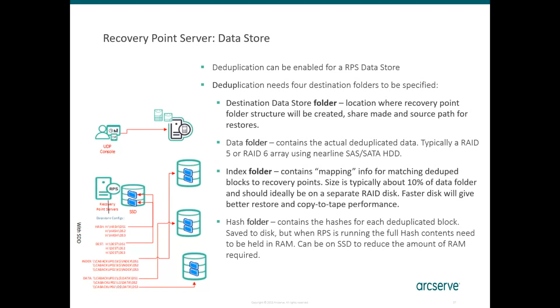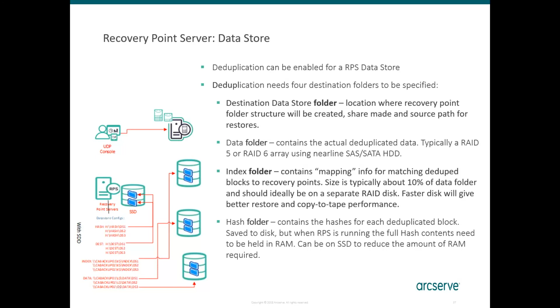So this data store, with all these locations, we can build. When we enable dedupe, remember we need 4 locations. The destination data store is where we're going to back up, and restore our recovery points if we need to. That typically is on local disk, network disk, or SAN disk. The other 3 are typically for dedupe. So the data dedupe folder, typically RAID 5 or 6, nearline, is where we're storing our unique blocks of data.